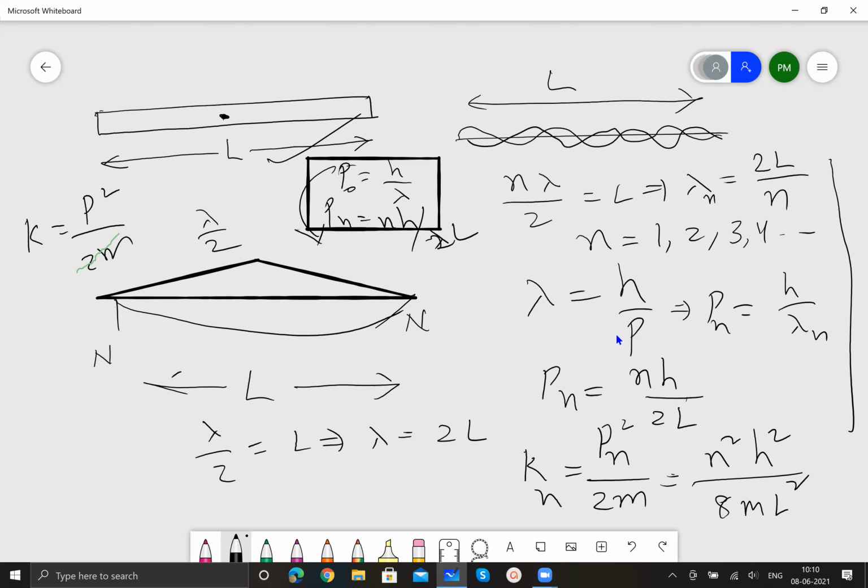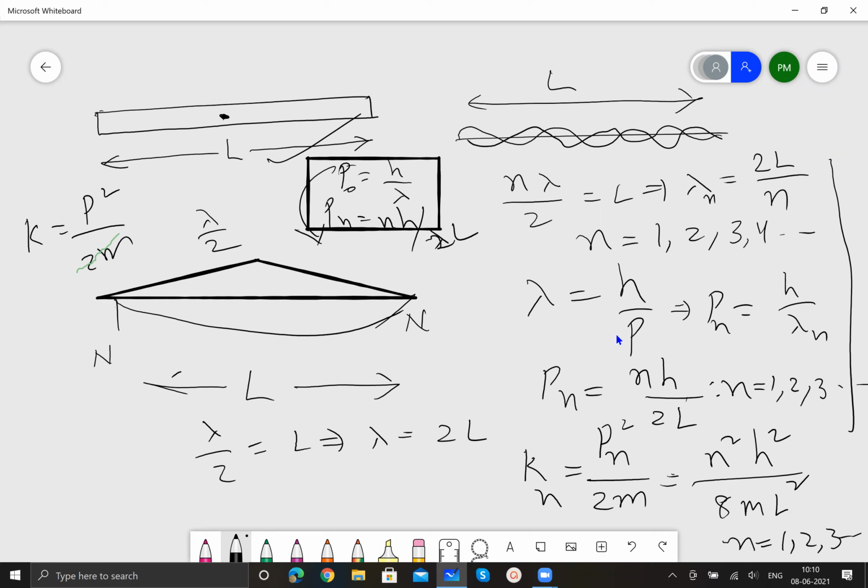Please check. Correct. Here in both the cases, you can find n is equal to 1, 2, 3, etc. in the options. There may be n is equal to 1, 2, 3, or n is equal to 1, 3, 5. Like that, they may give you options.